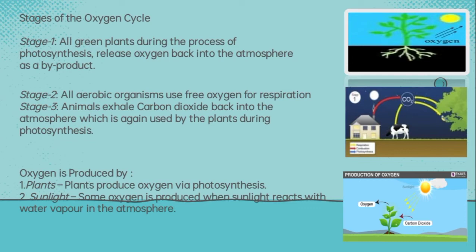So, animals take in oxygen through the process of respiration. Stage 3. Animals exhale carbon dioxide back into the atmosphere, which is again used by the plants during photosynthesis. So, carbon dioxide is released by animals and used by plants in photosynthesis. So now, oxygen is balanced within the atmosphere.